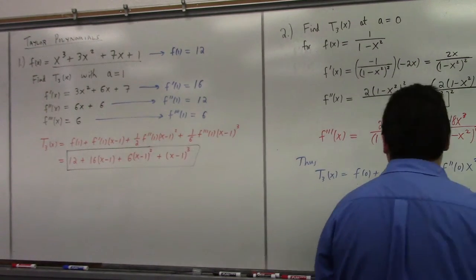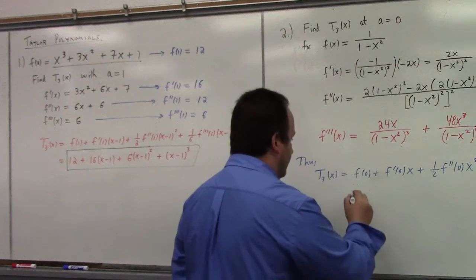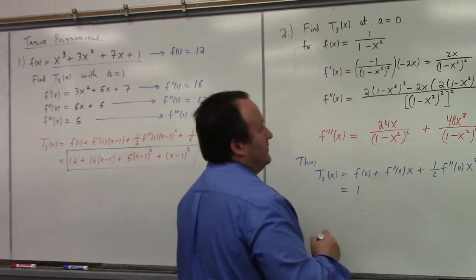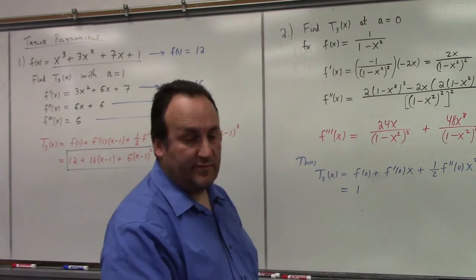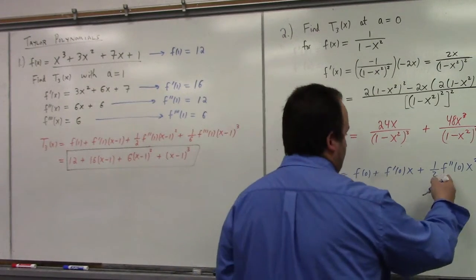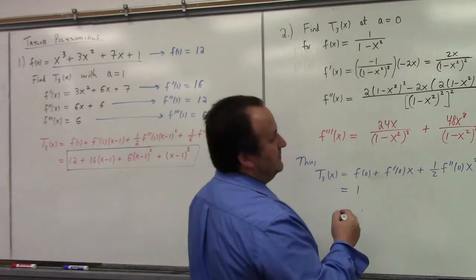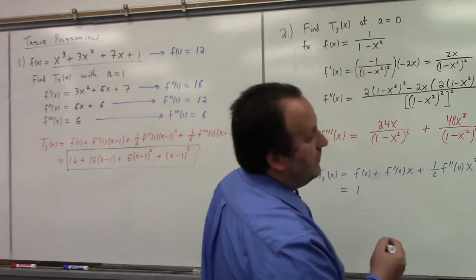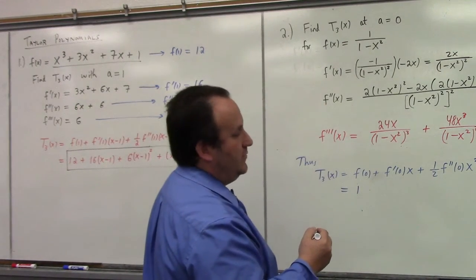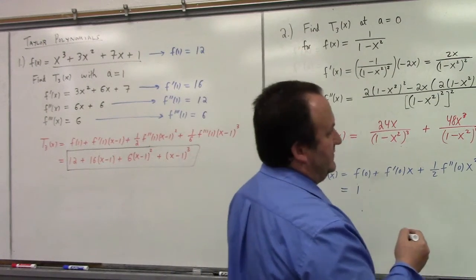What do we get? What's f of 0? 1, right? What's f prime of 0? 0. What's f double prime of 0? It's 2, isn't it?